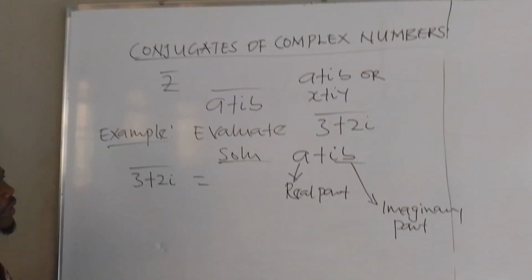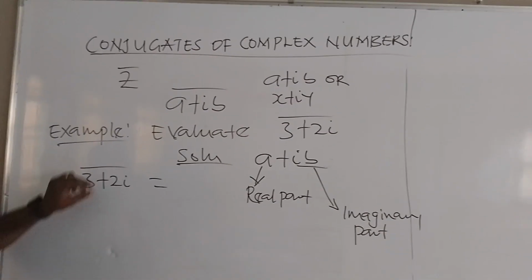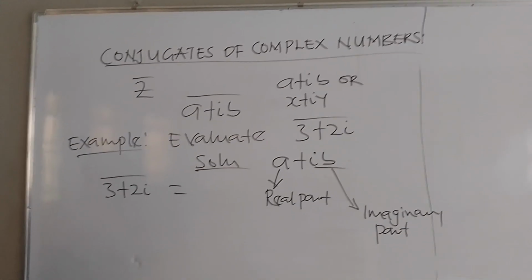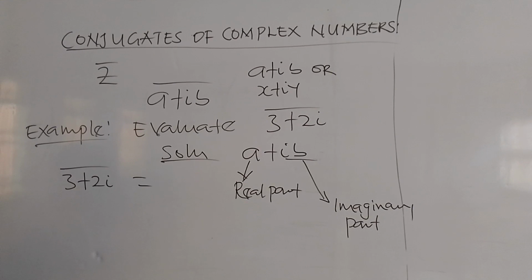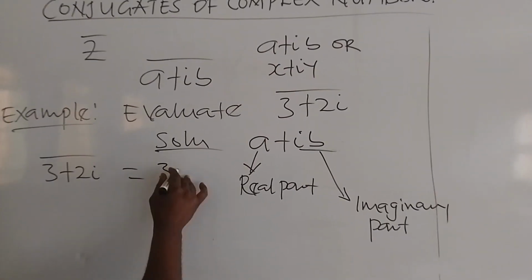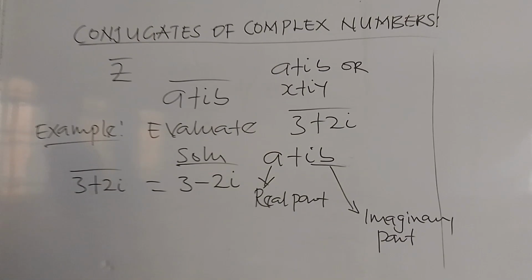So you discover that in between the real part and the imaginary part, the operation in between them is plus. Then the opposite of plus is what? Minus. True or false? So the answer here is 3 minus 2i. Is this difficult?